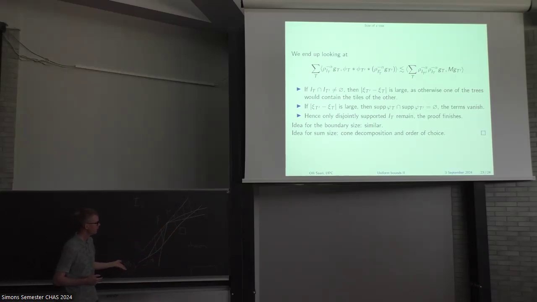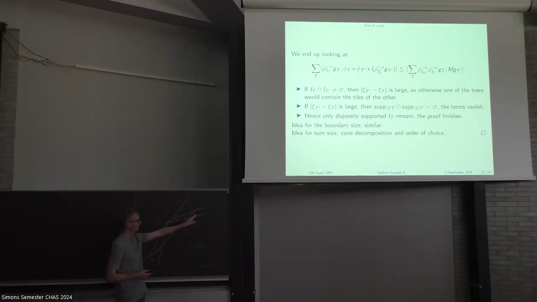And if we remove one of the sizes, then this somehow breaks. For instance, for the boundary part, you could try to use only the sum size, but in order to do this argument for the sum size, you will see the other boundary size appearing as a side product. So now you have to do some other sum size. But the number of sizes, three, is still relatively small.